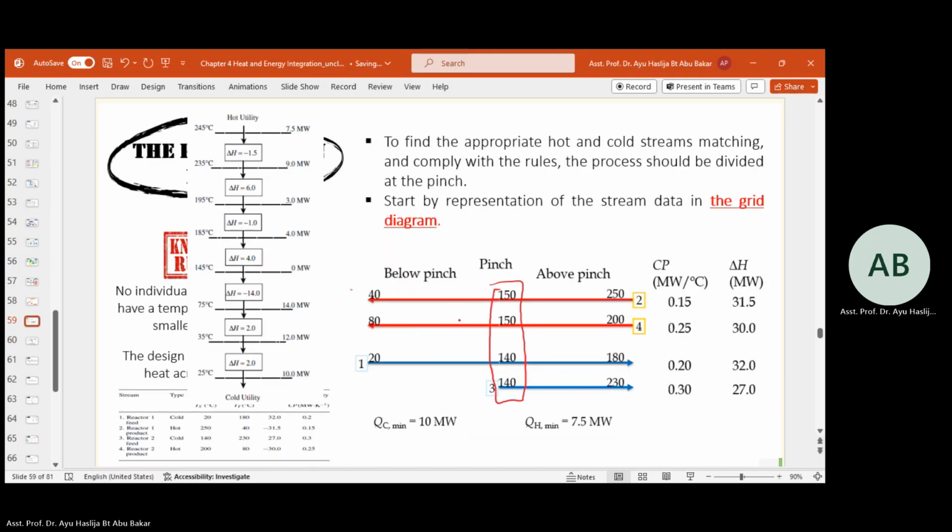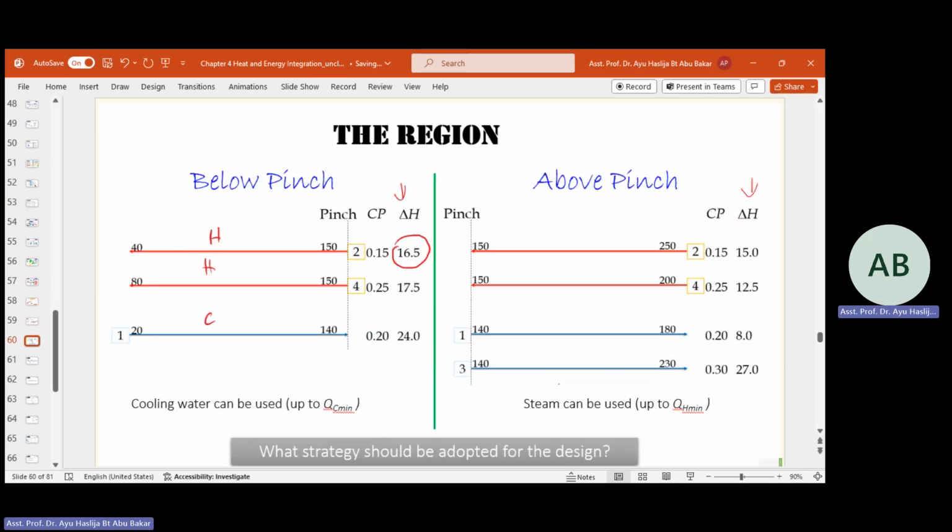If you're confused by what I'm saying: stream 2, this is the Cp, this is the delta H from the table. Now it's split into below pinch and above pinch, so delta H is different now. How do we get this new delta H?